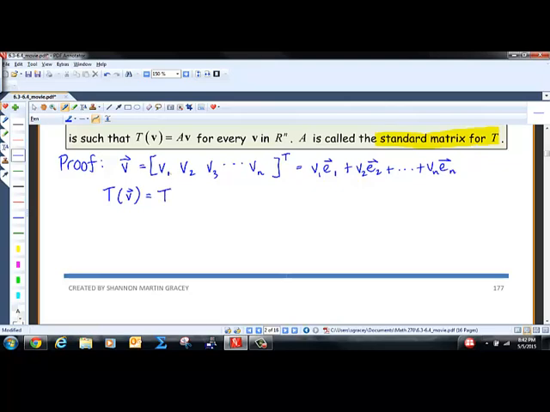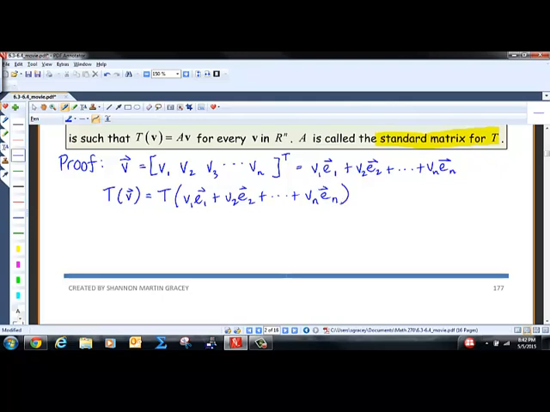Do you guys see it's going to be the linear transformation of all this stuff that we just said that V was? So V1 E1 plus V2 E2 plus ... plus Vn times the vector En.